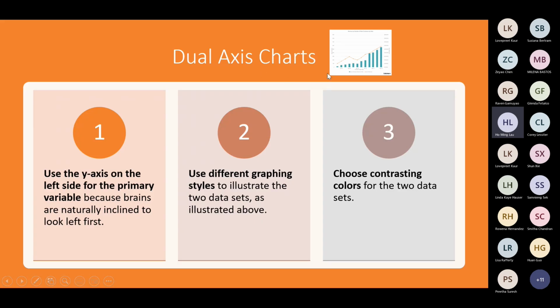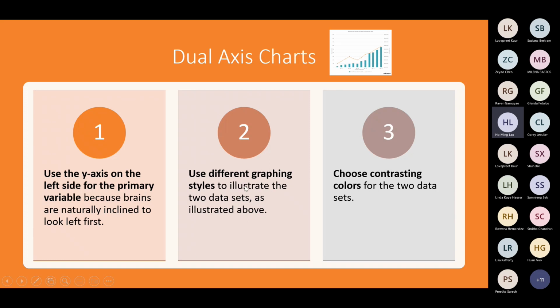And dual axis chart, use the y-axis on the left side for the primary variable. So if you have two variables to display in your chart, always ensure that the primary variable is on the y-axis on the left side, and then the other measure, the secondary variable, on the axis which will be on the right side.